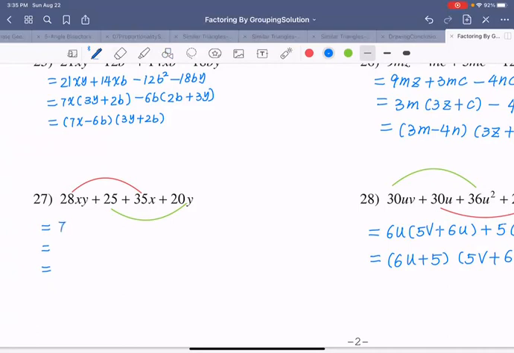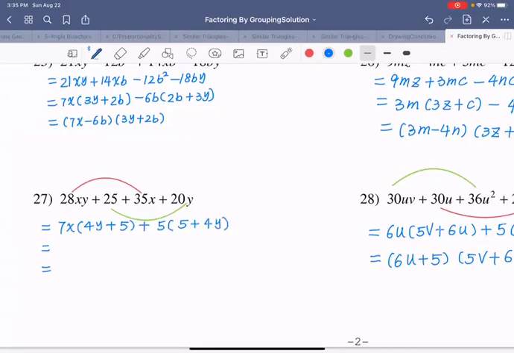7x times 4y plus 5, plus 25 and 20, you take out 5. And then 5 plus 4y. There you go.